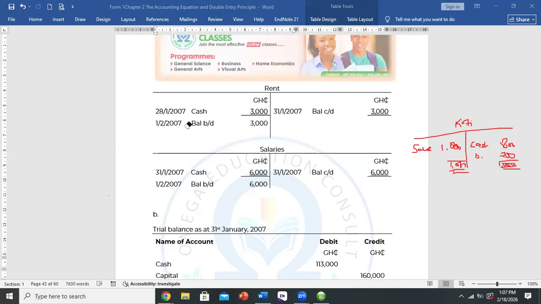I don't want to be wicked. If I want to be wicked, I would have given you business transactions. Then you would apply the double entry principle to do the debits and credits before you now balance it. But I would want to solve one big question before I do.